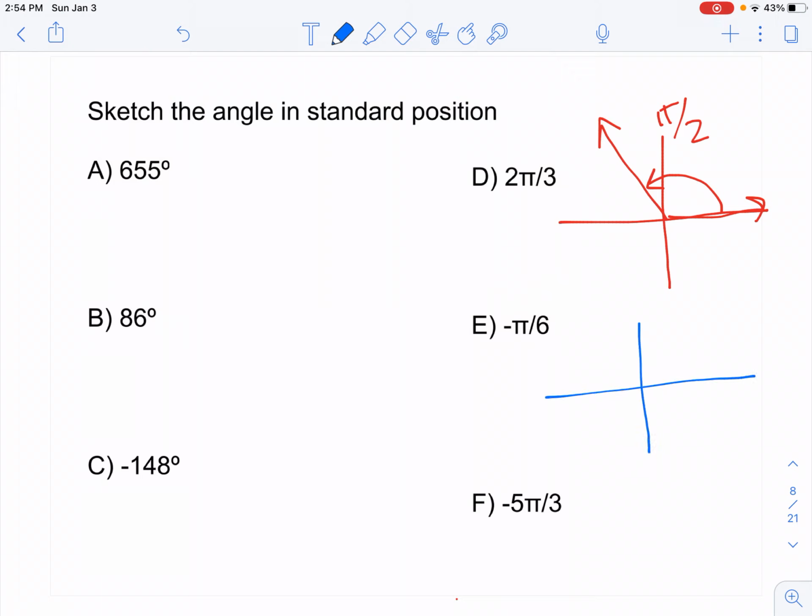Negative pi over 6, we have our initial side, our terminal side, and it's going to be rotating counterclockwise. 5 pi over 3, and it's negative. 5 pi over 3 is very close to 2 pi, so it's almost a whole rotation of a circle. We're rotating counterclockwise, so it's going to be in quadrant 1.